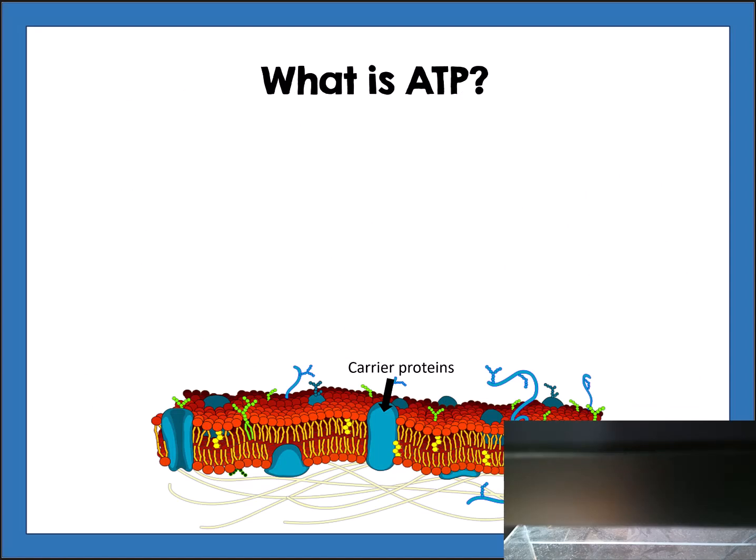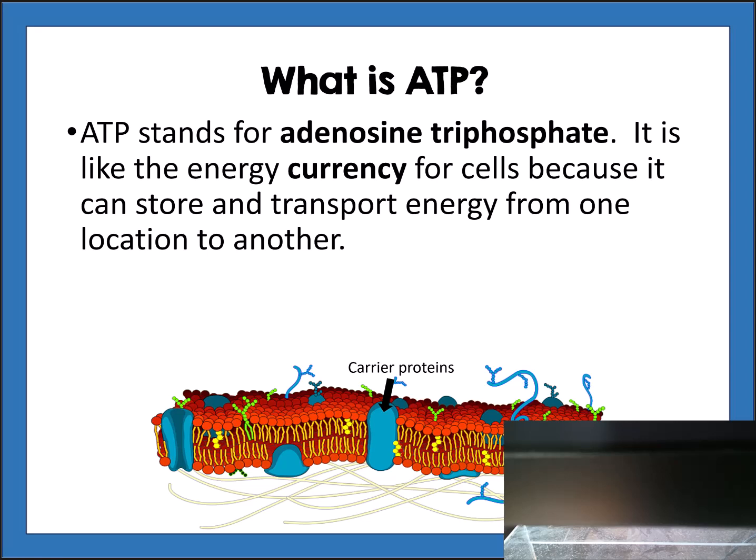ATP is the specific molecule that we are going to discuss this unit that your cells use for energy. ATP stands for adenosine triphosphate. It is like the energy currency for cells because it can store and transport energy from one location to another.